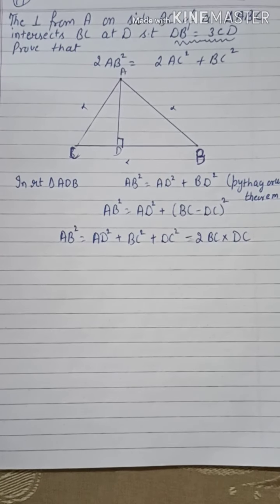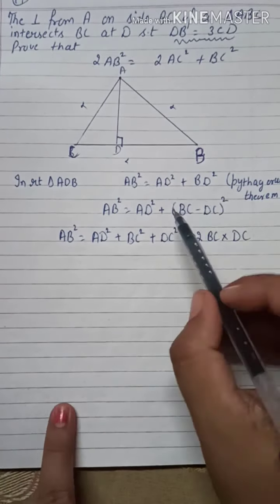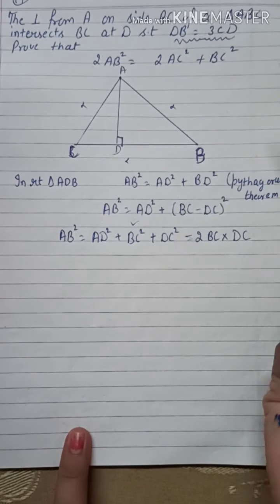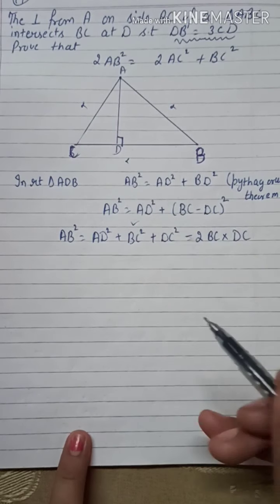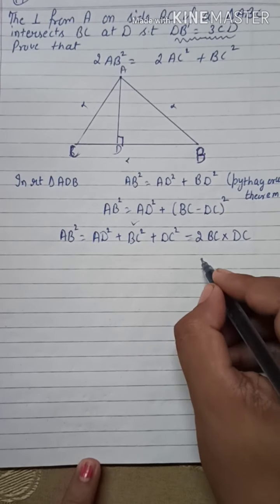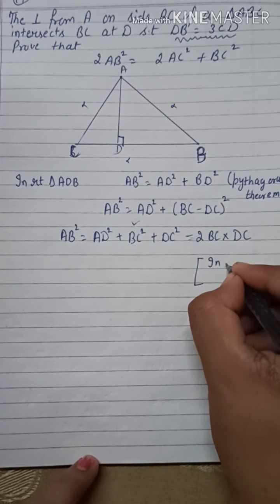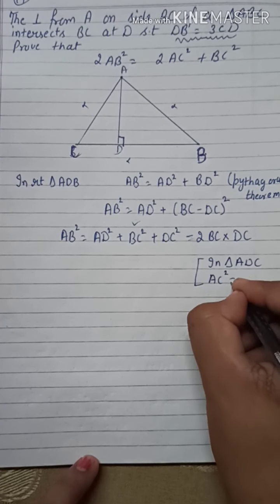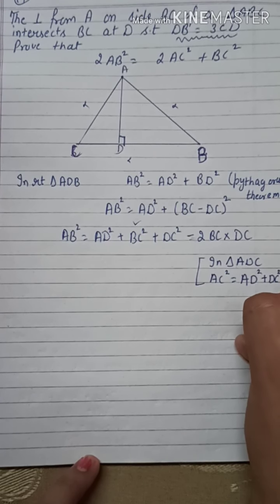In this part there is no AC square. I have BC square, but I want AC also. AC comes from triangle ADC. In triangle ADC, AC square equals AD square plus DC square.